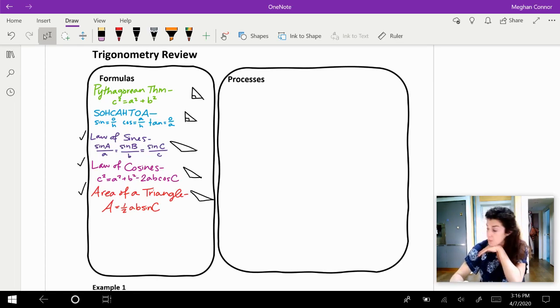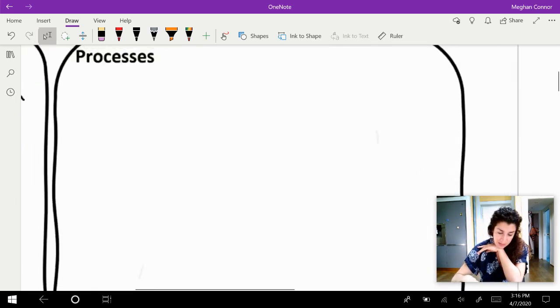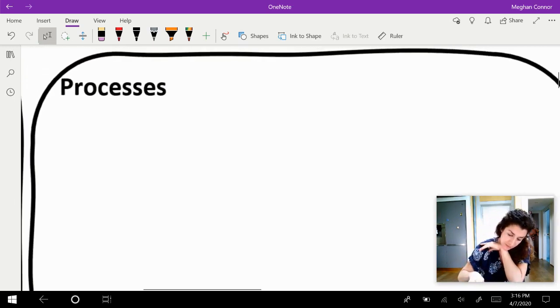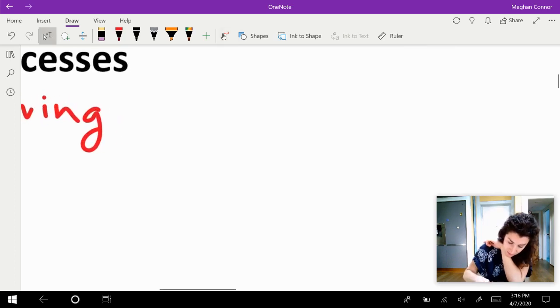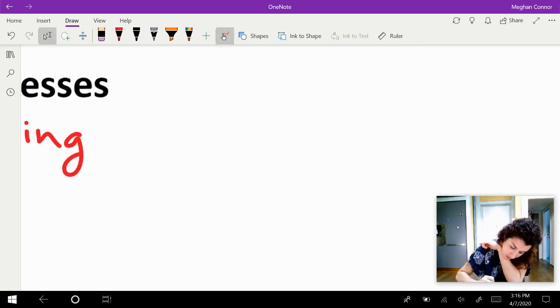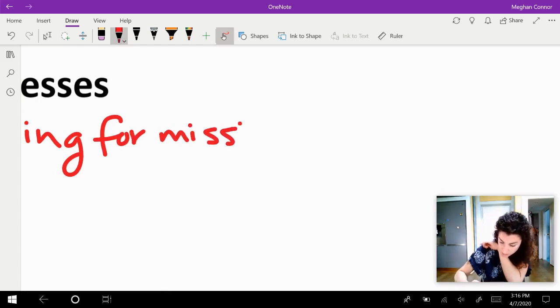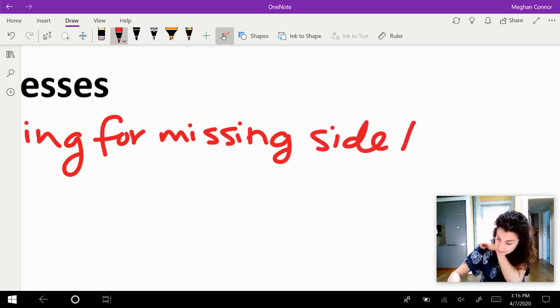All right, processes. Some processes that we have learned are solving for missing side lengths.